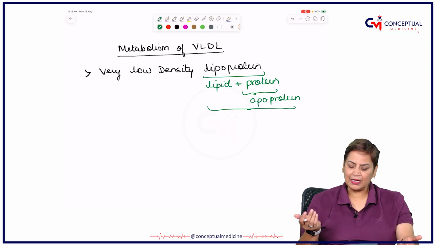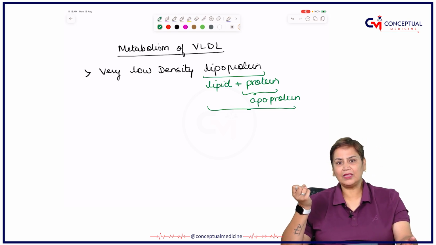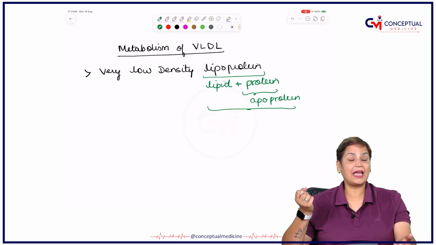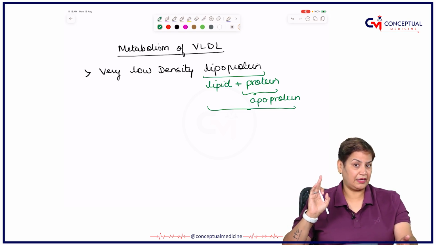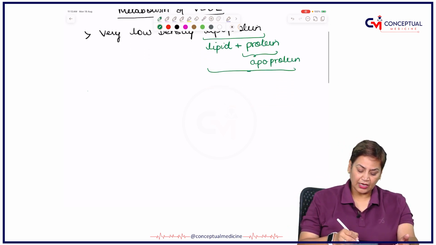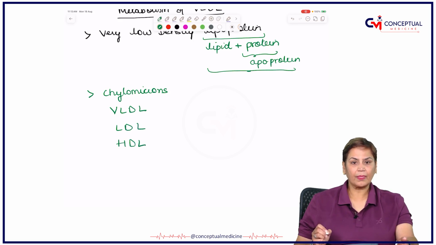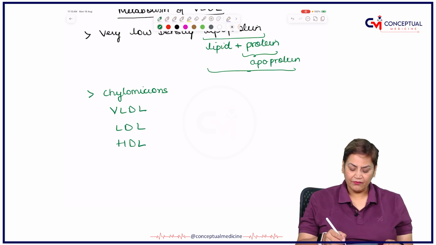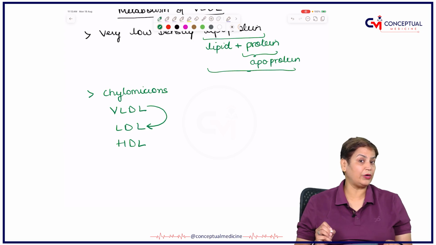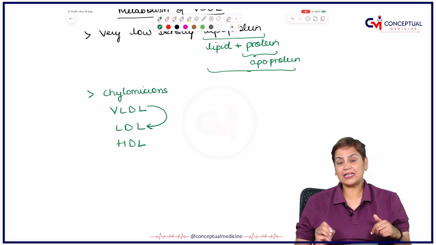Depending upon this, lipoproteins are of four main types. So what are those lipoproteins? One is chylomicrons, then VLDL, which we are going to discuss now, LDL and HDL. When VLDL is converted into LDL, which stands for low density lipoprotein, HDL stands for high density lipoprotein.